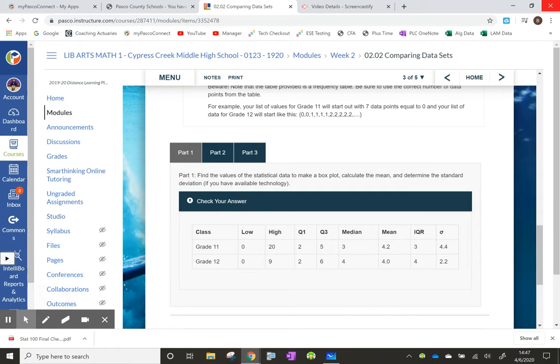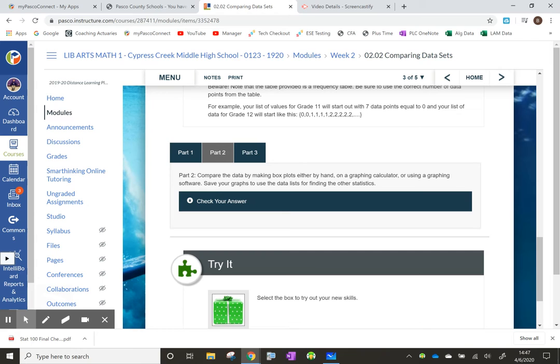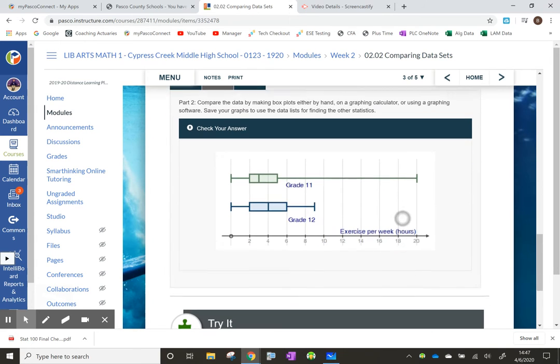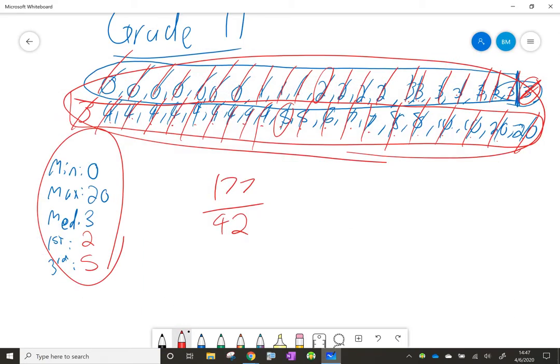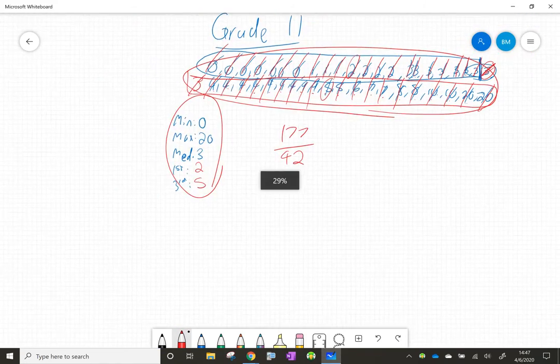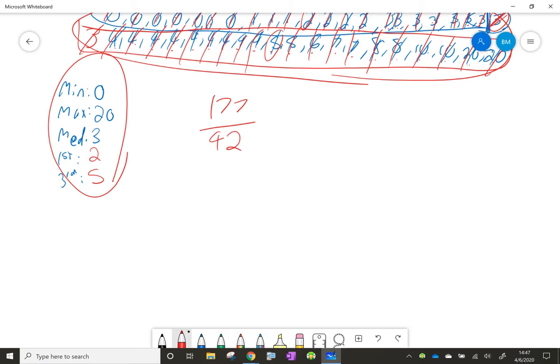However, they are there. And if we look at the box plots for these, you can see the box plot for grade 11. Let's go ahead and make that real quick. So for grade 11, we're going to have a number line that goes from 0 to 20, since our min was 0 and our max was 20. And we'll go by 2s.